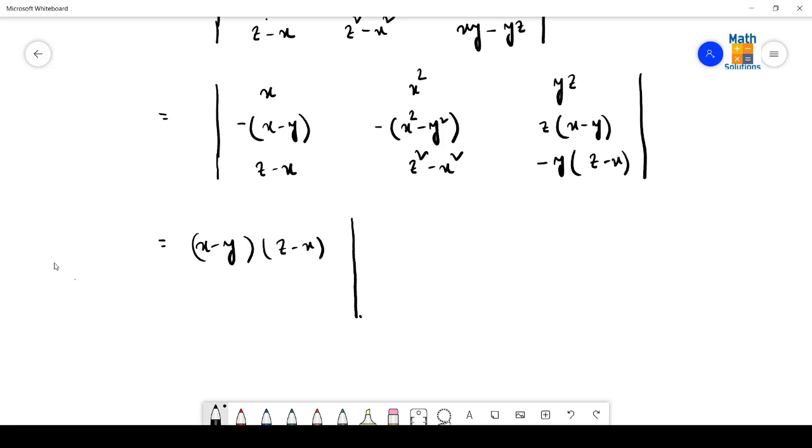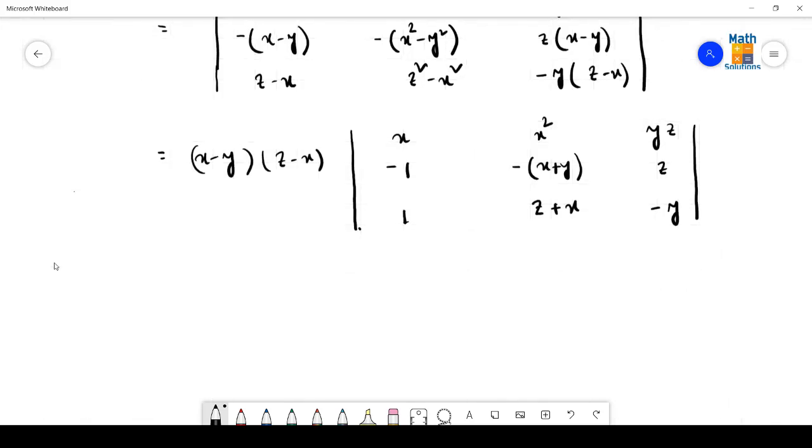What will be left within the determinant? It will be x square, then yz, then minus 1, then minus x plus y, then z is left, then 1, then z plus x is left, then I get minus y when taken common.